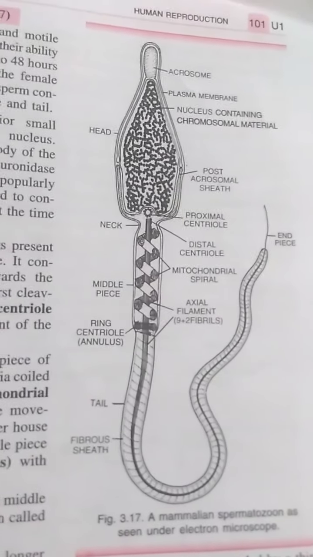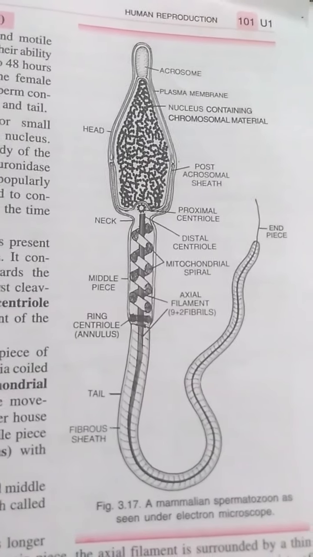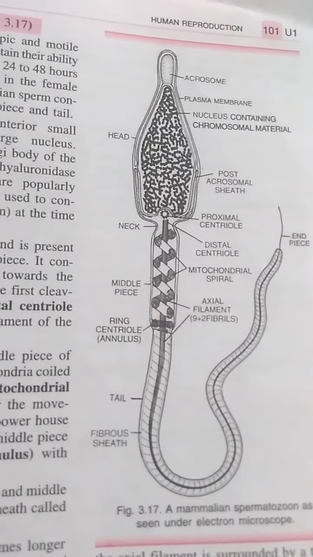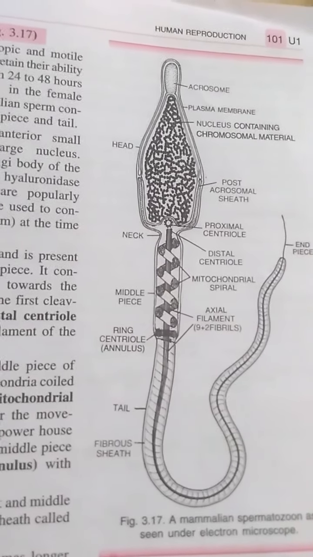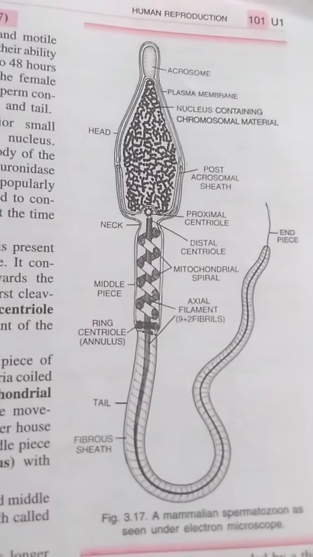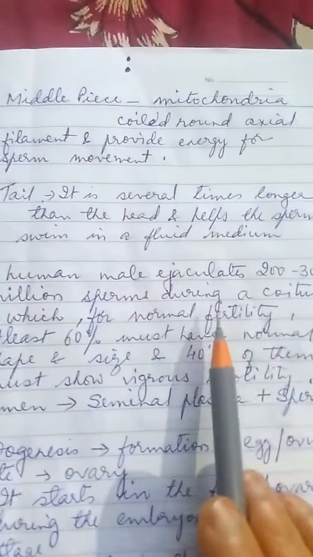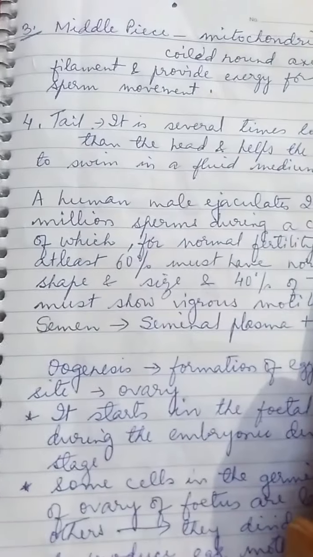Now, a human male ejaculates 200 to 300 million sperms during a coitus, during a sexual intercourse.